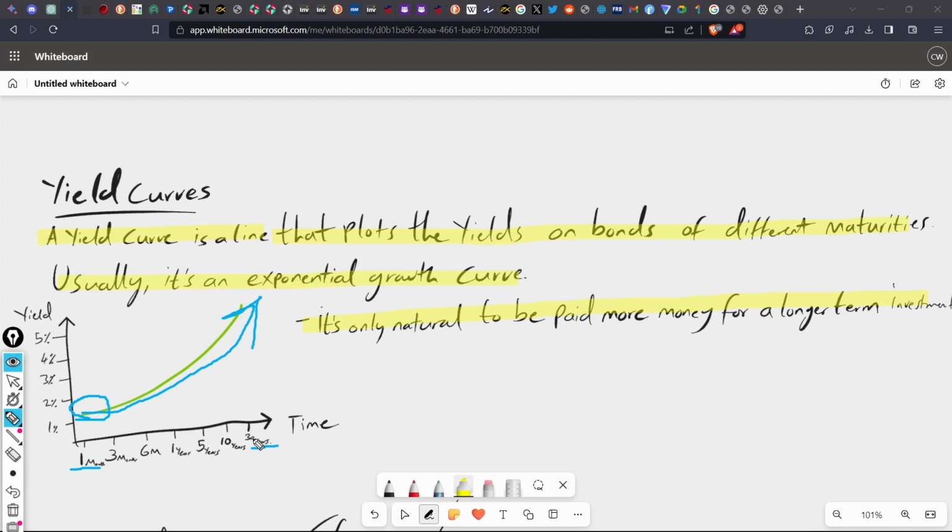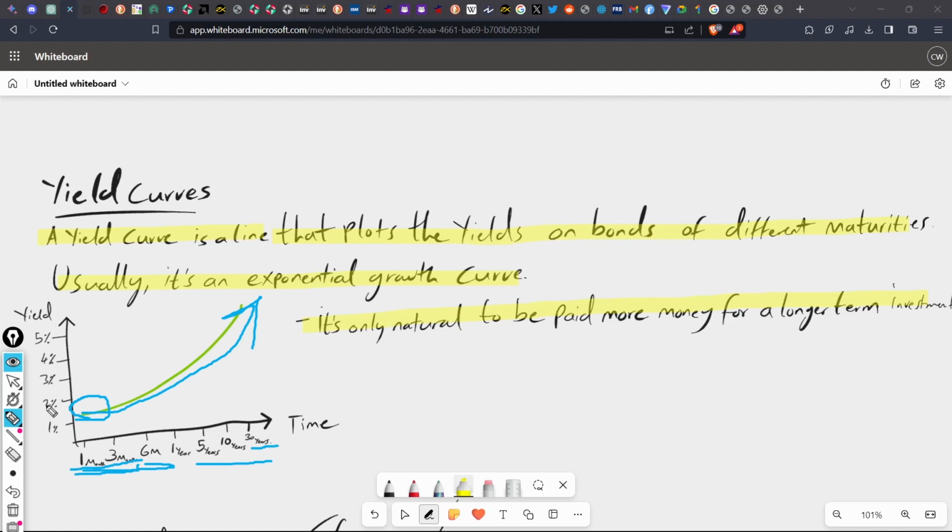Bonds are used to hedge against inflation, and also since it's a long time, a lot can happen in 30 years. So it's only natural to expect a higher yield on the longer term bonds and a lower yield on the short term ones, these monthly T bills.